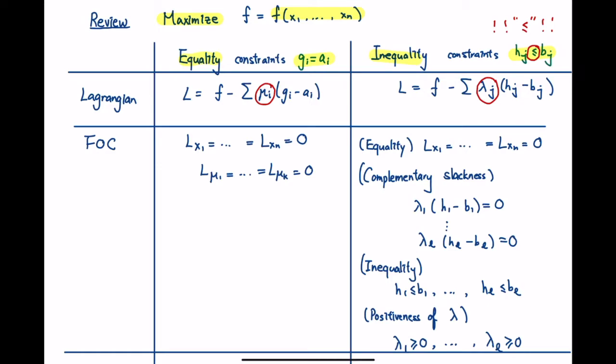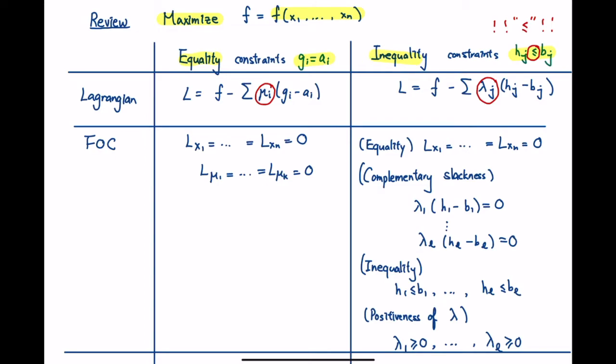After forming the Lagrangian function, we have to write down the first order condition. For equality constraints, it's easier because basically what you need to do is just to differentiate the Lagrangian with respect to every single variable, including the Lagrange multiplier, and set them equal to 0. Then that will give you the first order condition under equality constraints.